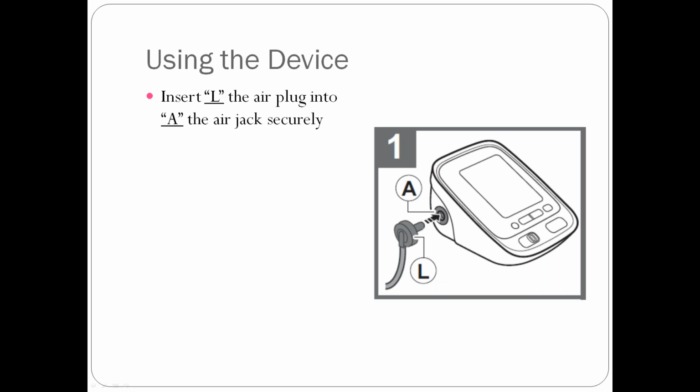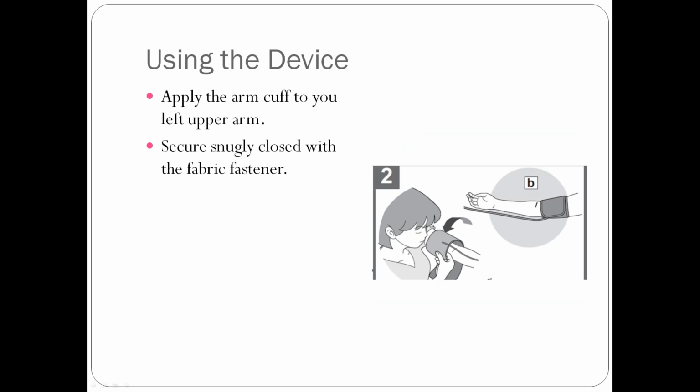To use the device, insert L, the air plug, into A, the air jack, securely. Apply the cuff to your left upper arm and secure snugly closed with the fabric fastener.